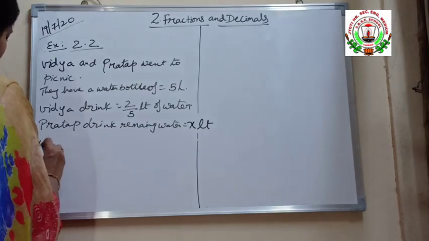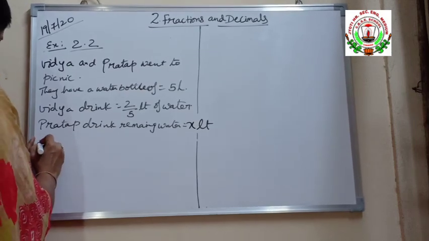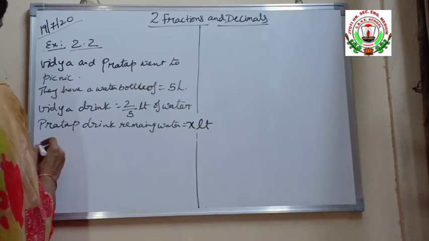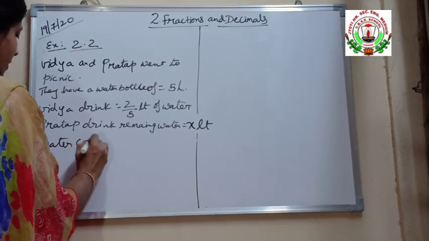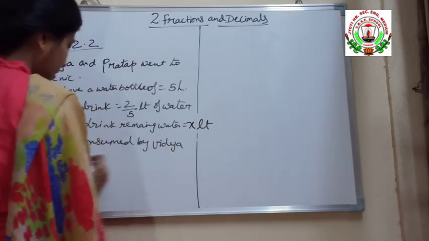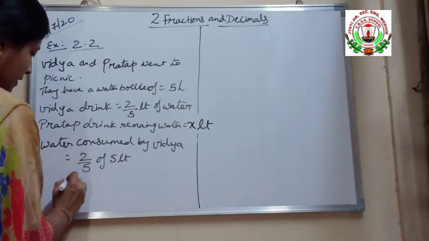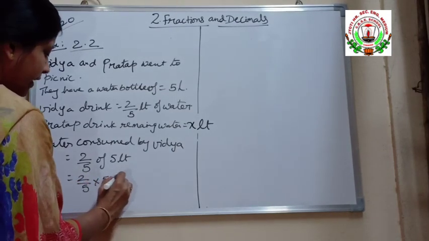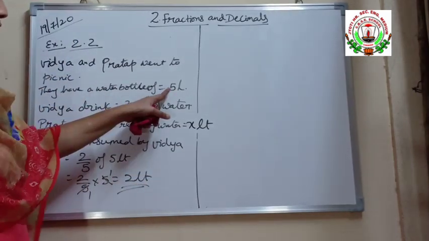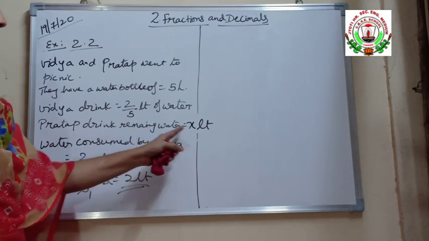So the water consumed by Vidya is 2 by 5 of 5 liters. That is 2 by 5 into 5, 5 ones are 5, that is 2 liters. Means from this 5 liters, Vidya has taken 2 liters of water, and Pratap the remaining water.